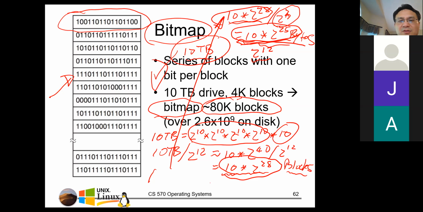And then you will get about 80K blocks. So just to save this bitmap for tracking all the blocks on the disk, you need 80,000 blocks on the disk, okay?